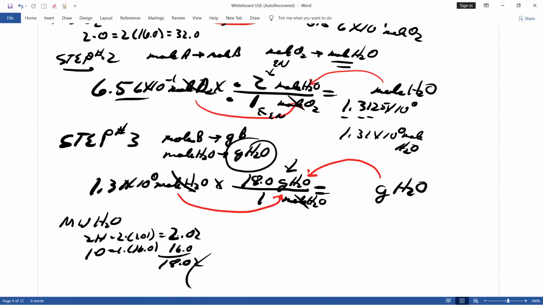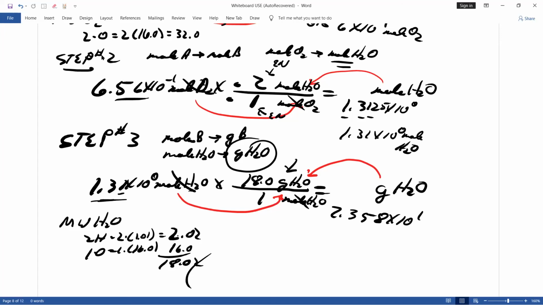And I think I made a mistake before. I didn't round off properly. So let me clear this. Yeah, I think I did. 1.31 times 18, and the number my calculator gives me, this is 3 significant figures.